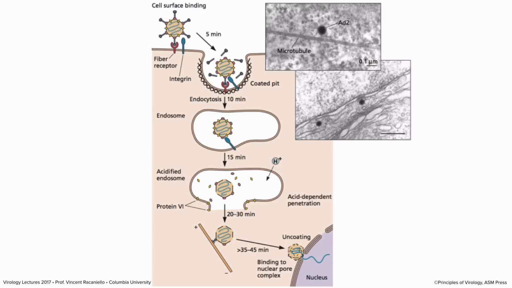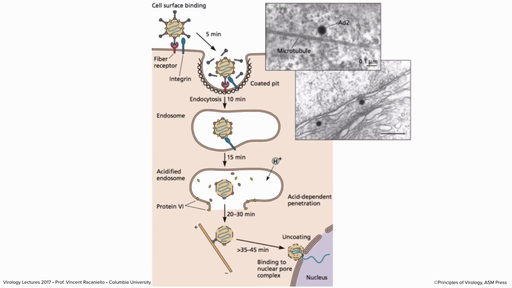And that protein pokes holes in the endosome membrane. It's a porin, it forms pores. Now normally it's buried in the capsid, so it doesn't poke holes in any membrane that the virus might encounter. But at low pH in the endosome, after getting into the right cell by receptor interaction, the low pH releases that protein, it pokes a hole in the endosome.